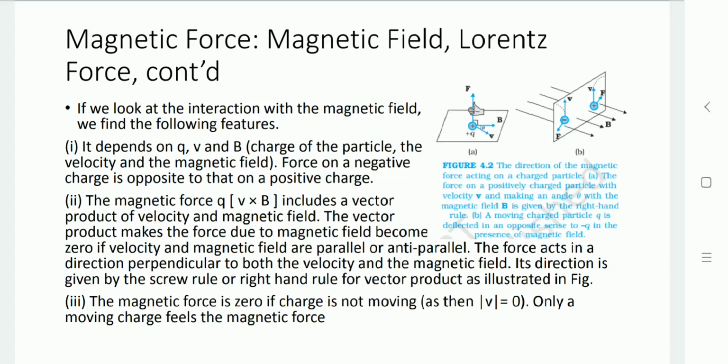If velocity and magnetic field become parallel, the magnetic force becomes 0.